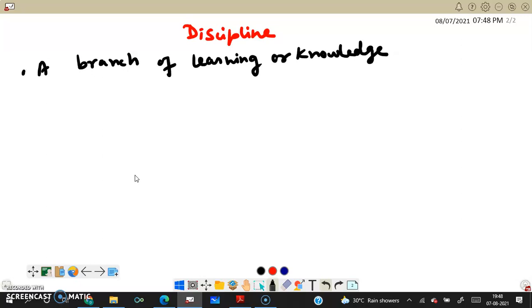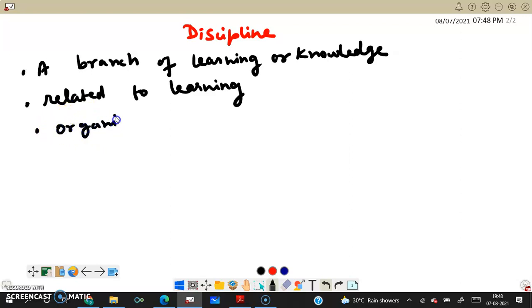Discipline implies an order related to learning. Then we can say some order to learn and some organization with the purpose of learning, organized teaching, a process of knowledge.